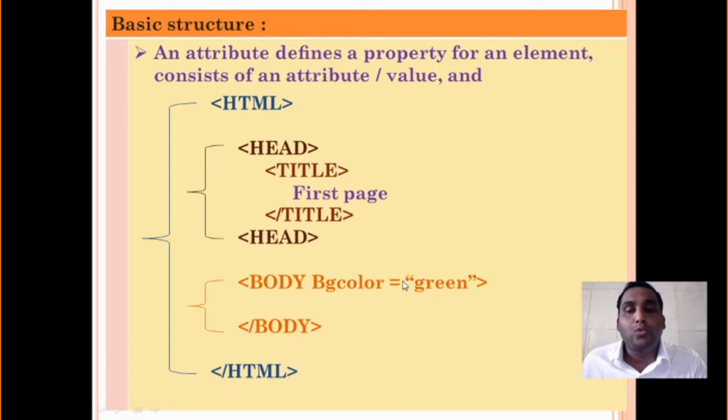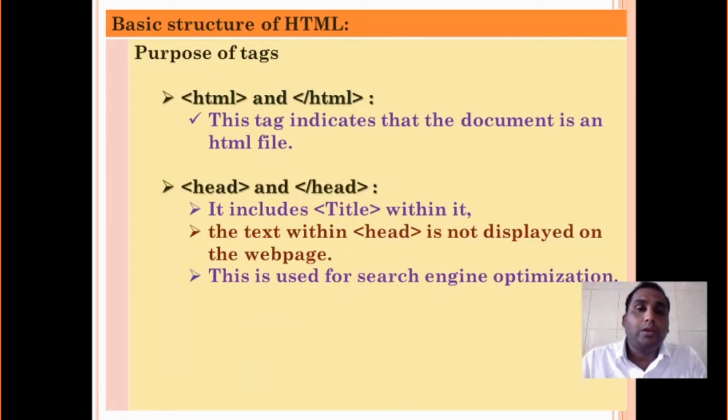Value is to be enclosed in double quotes. Between attribute and value there should be an equal to sign. So this is the basic structure of an HTML. Now let us understand the purpose of all these tags and then switch over to the practical part.